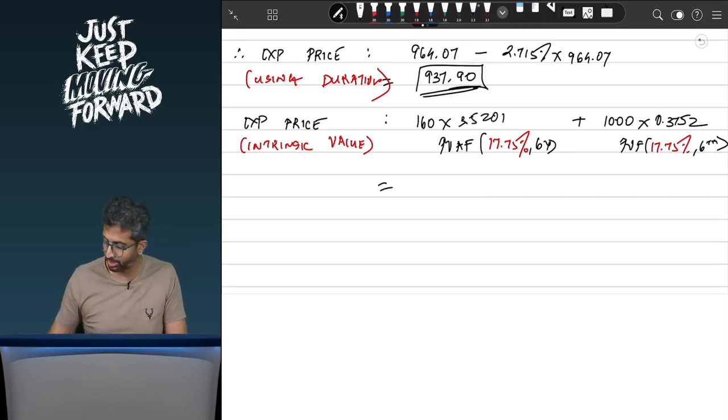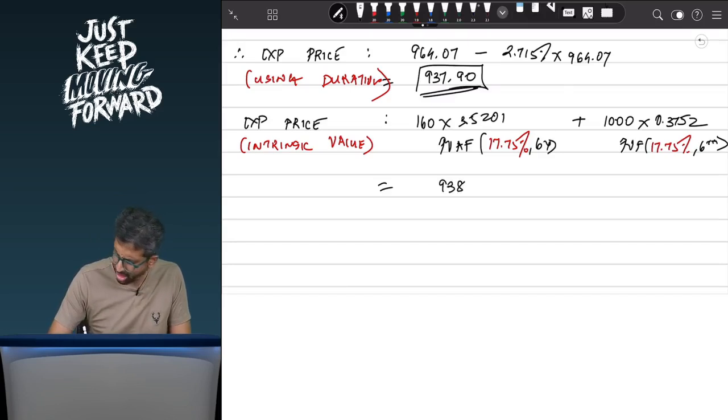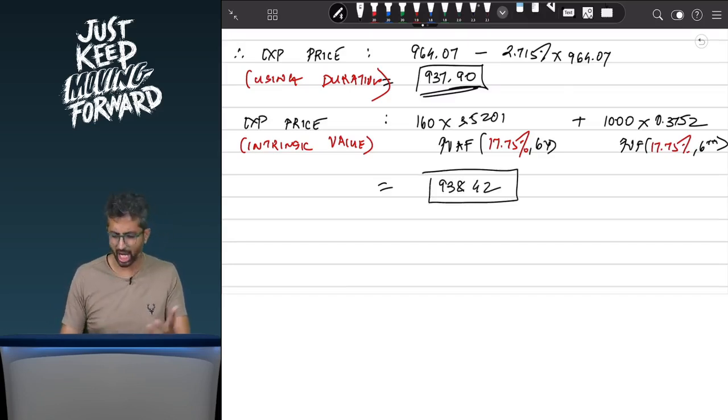So if I multiply this 160 into 3.5201 and 1000 into 0.3752, I will get a total of around 938.42, which is approximately equal. There is hardly a 60 or a 70 paisa difference in the valuation. So this is the expected price using the intrinsic value method.